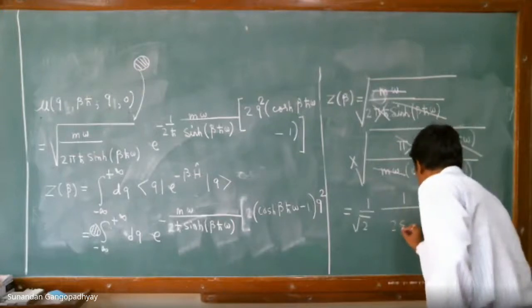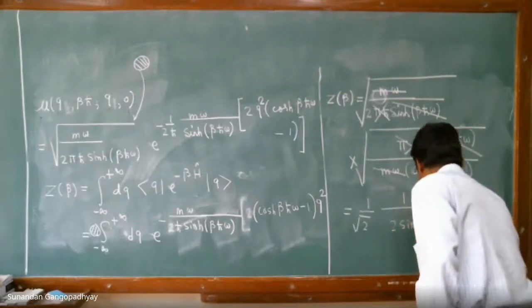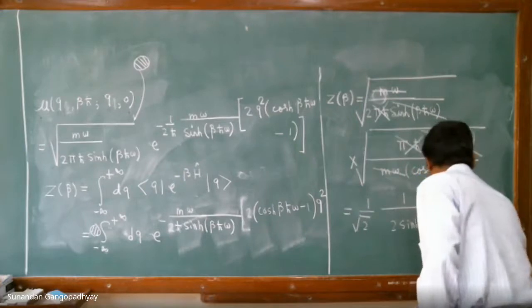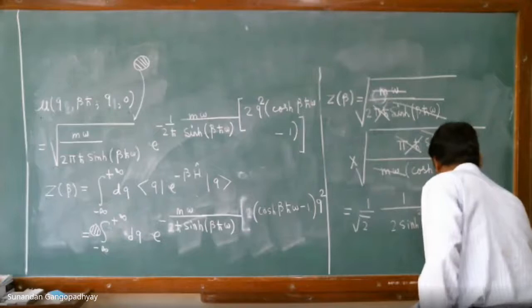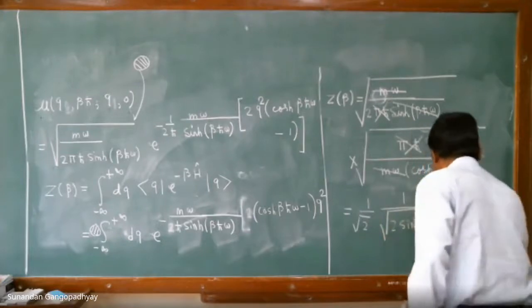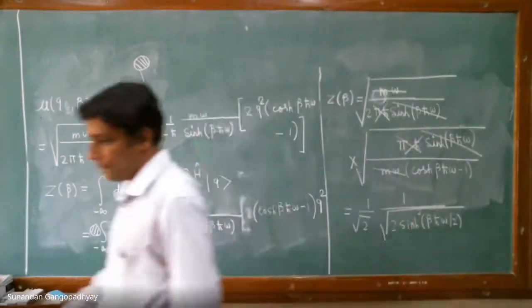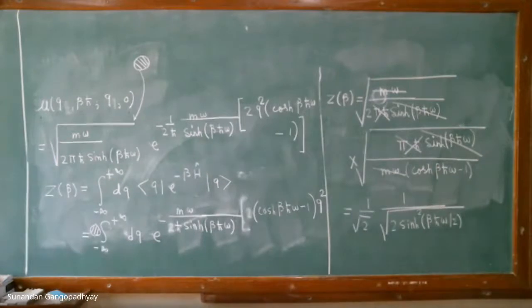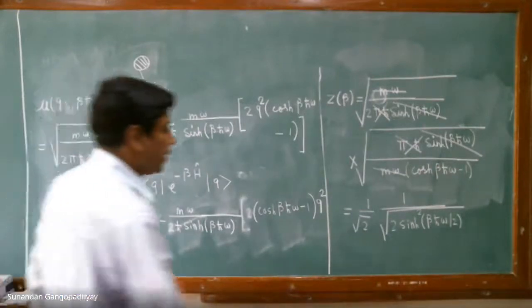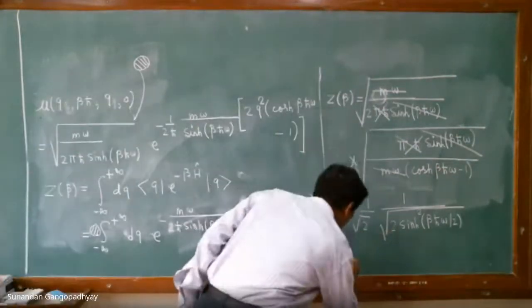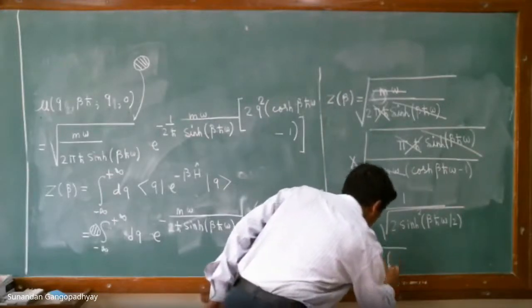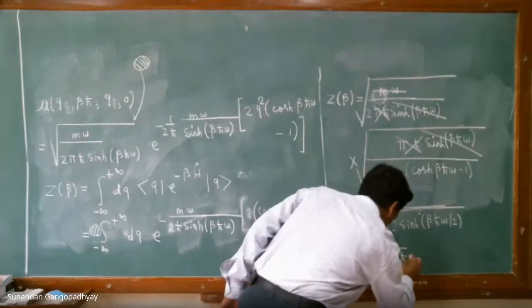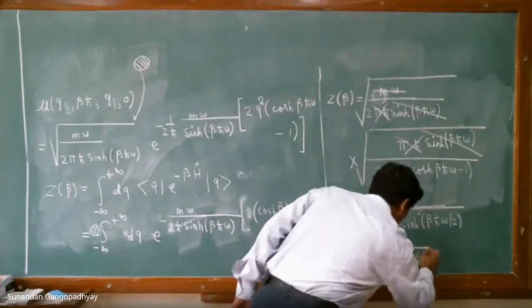This is basically sine hyperbolic square beta h bar omega by 2 square. Okay, and therefore this square root and this square root gives you a 2. Therefore, you have 2 sine hyperbolic beta h bar omega by 2.